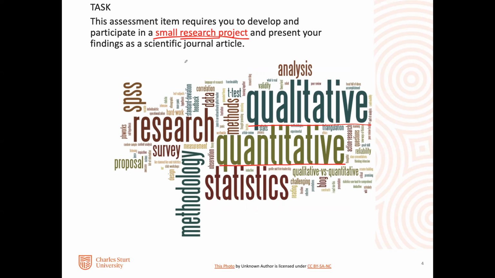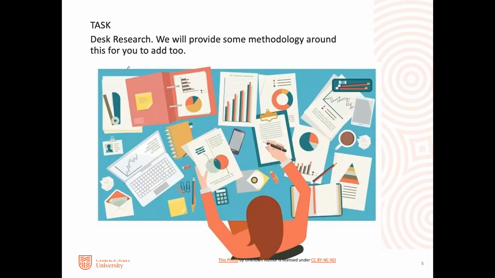So don't be too concerned if you have not participated in a citizen science project. Because our research, we're actually doing a discipline of research called desk research, and it's a legitimate form of study, and a lot of my research is in desk research.